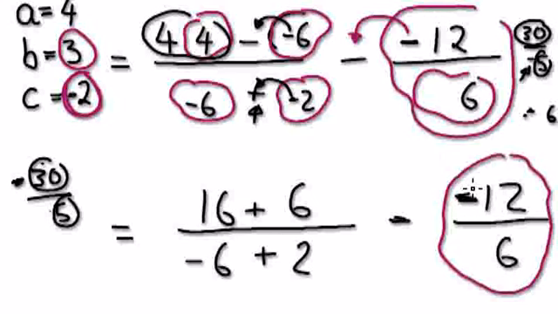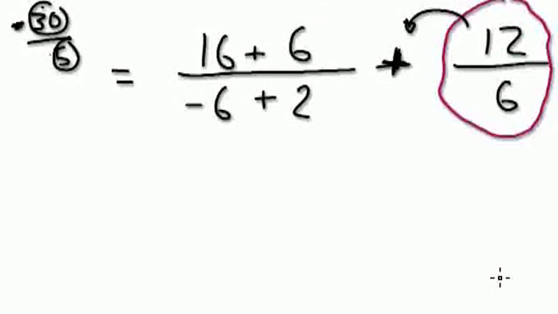Now the negative's at the top, I can actually take the negative outside here. So this becomes a plus, so basically it becomes plus 12 over 6. Because earlier it was this. So basically we're just tidying it up. Move the negative to the top, and when it's at the top, take it outside here, so it becomes plus 12 over 6.